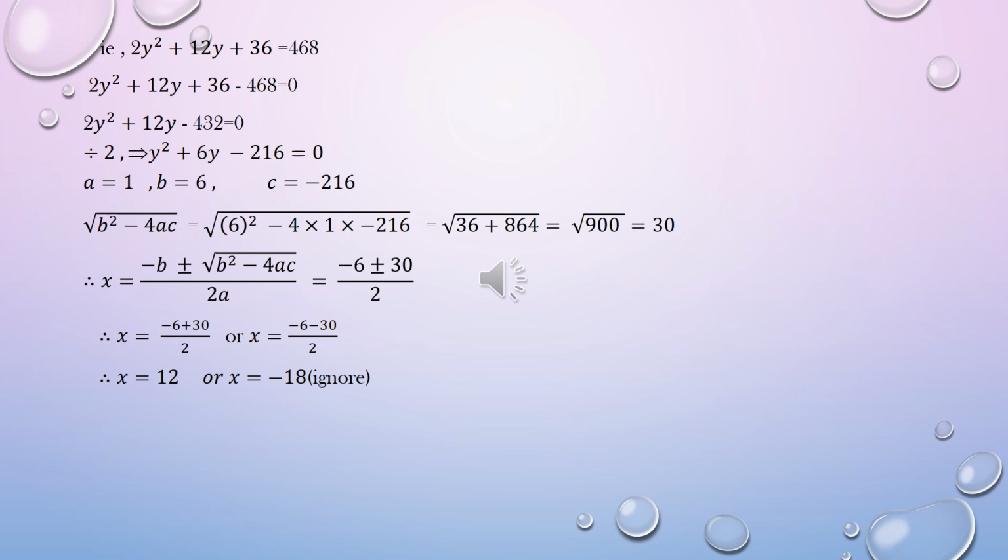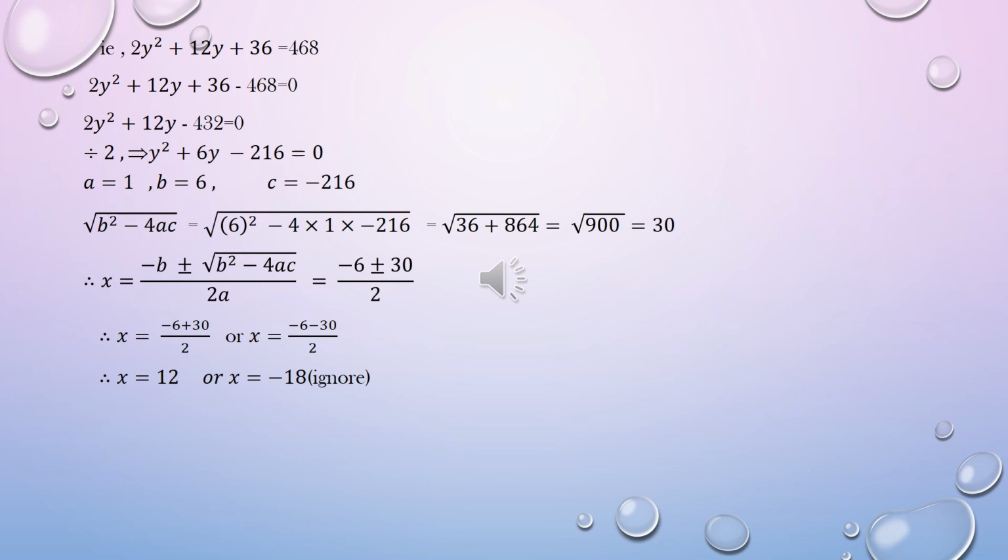Here also we can divide the equation throughout by 2, which will give y square plus 6y minus 216 equal to 0. Using our quadratic formula, x is equal to negative b plus or minus root of b square minus 4ac by 2a, we have negative 6 plus or minus 30 by 2, which is equal to 12 or negative 18.